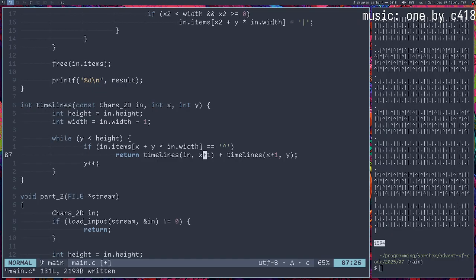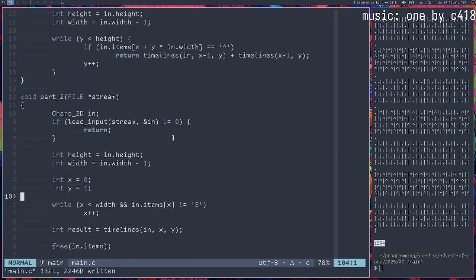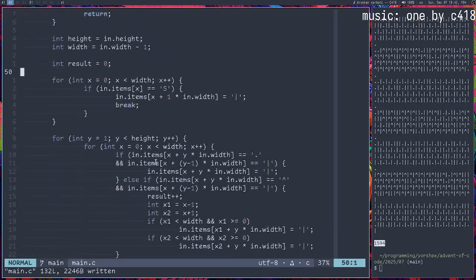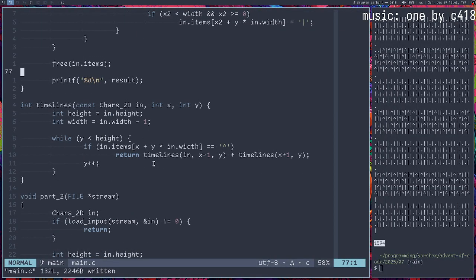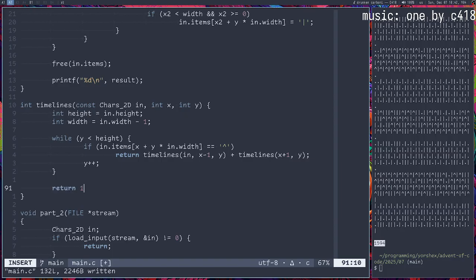Let's put it in the other direction, just for prettiness. Or otherwise we return 1.